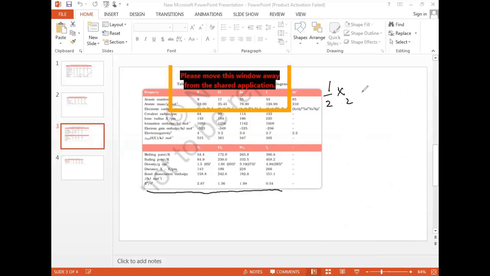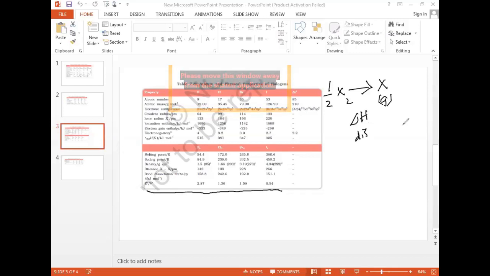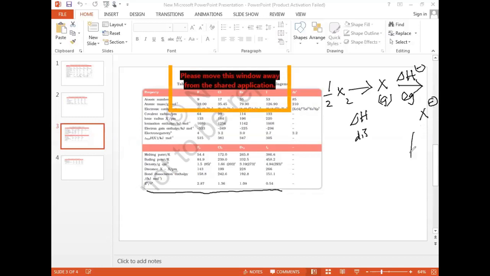That is any halogen which on dissociation gives X, which is in the gaseous state. This I call enthalpy of dissociation or dissociation enthalpy. When by accepting an electron, that is electron gain enthalpy, X becomes X minus.